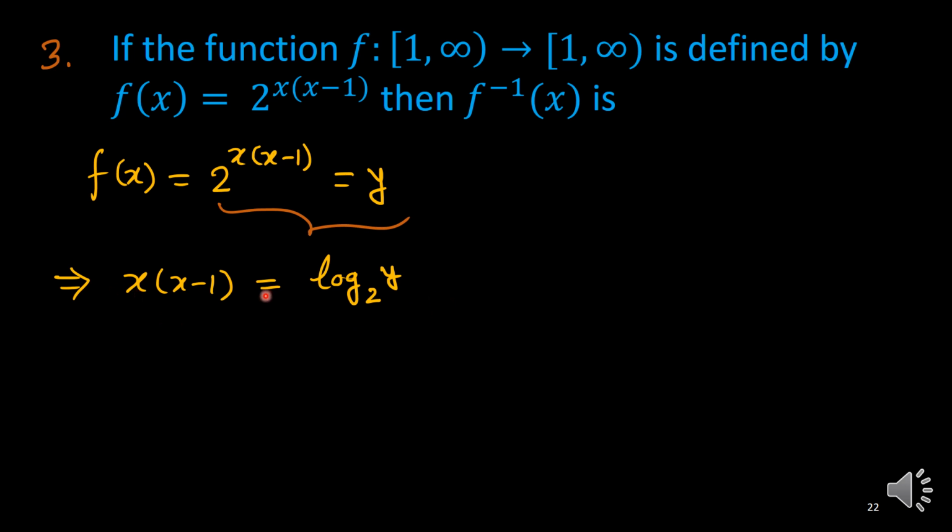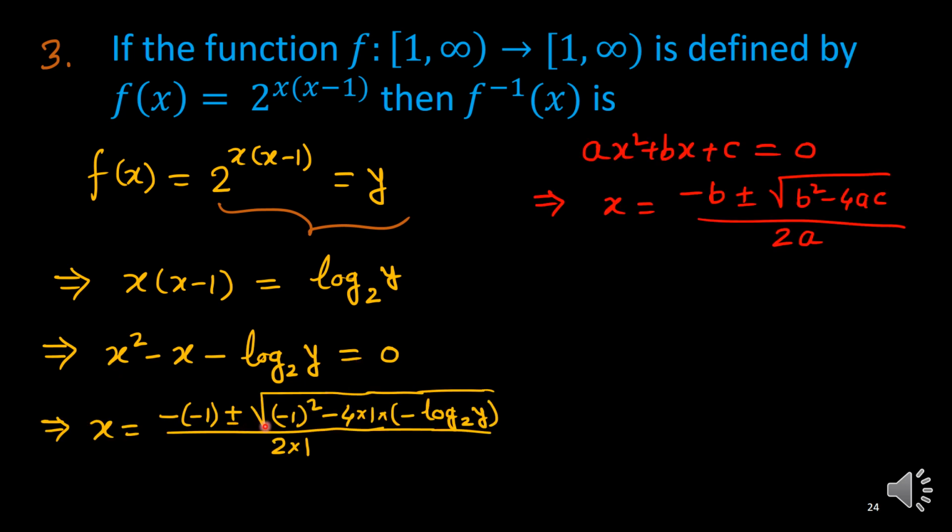Now we will expand these things like this. Then again we will go the same way. Then it is a quadratic equation. We can solve for that. Same thing. If you simplify it, you will get this one. Again I will have this plus minus sign. I need to consider the one that will suit this range and domain, and you can see that this domain is given more than 1 as well as range is also more than 1.